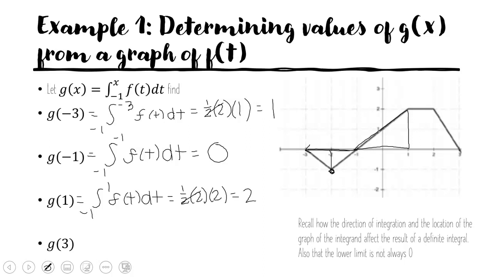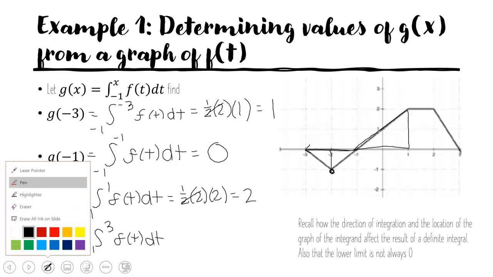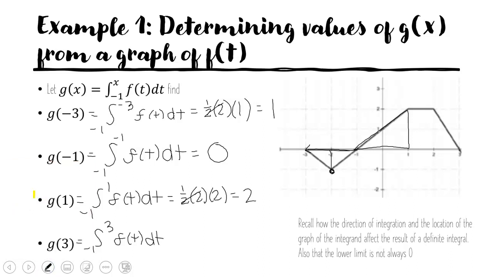And then for 3, you have 2 choices. You can make it that your initial value is g of 1, and then you can integrate from 1 to 3. Or if you do g of 3 and you take the initial starting point of -1, then now when we find this area under the curve, we have to go from -1 to 3 and change my shape to a trapezoid.